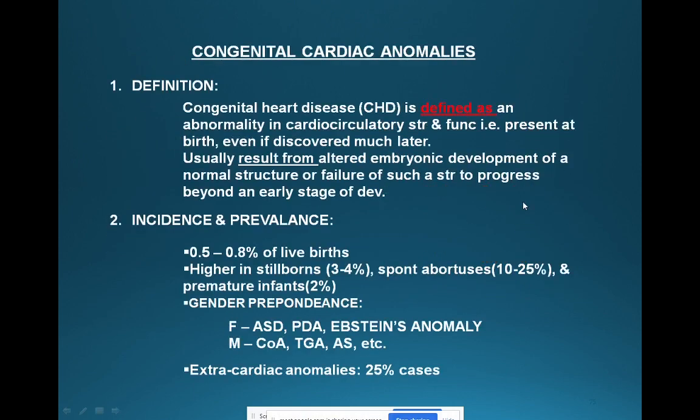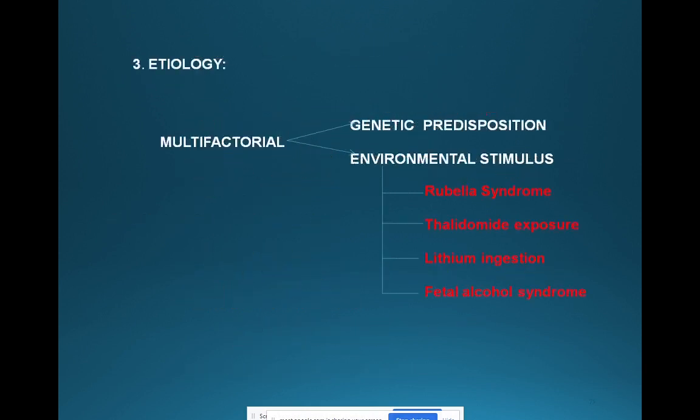Now there are different congenital cardiac anomalies which are very common in live births as well as stillbirths. We will discuss some of the important ones. The factors for them are various, like the TORCH infections: toxoplasma, rubella, cytomegalovirus, herpes virus.